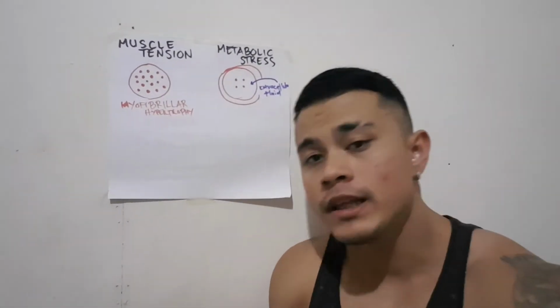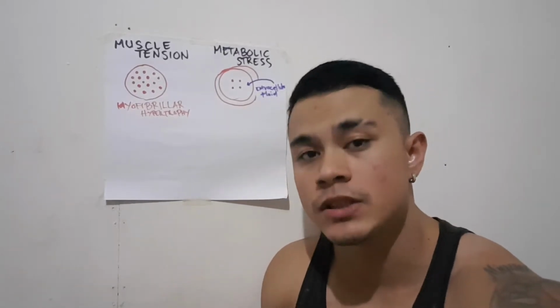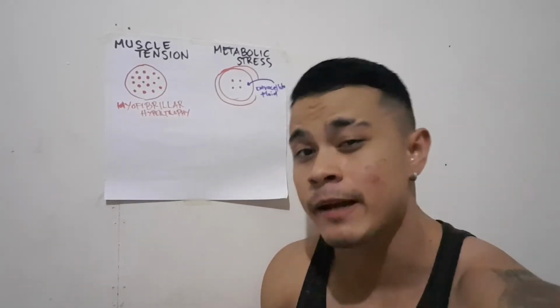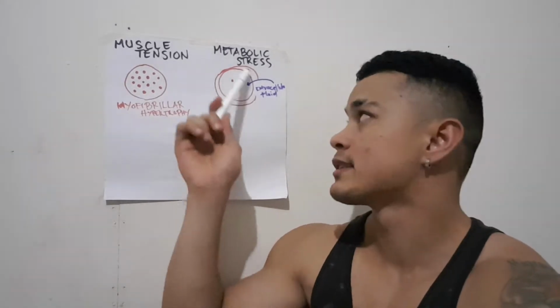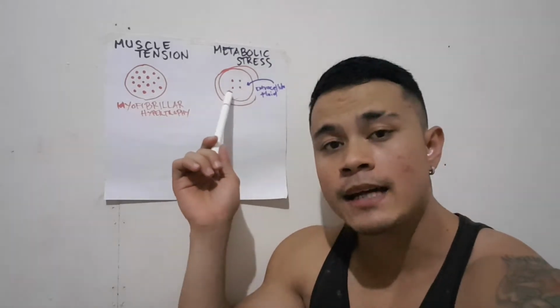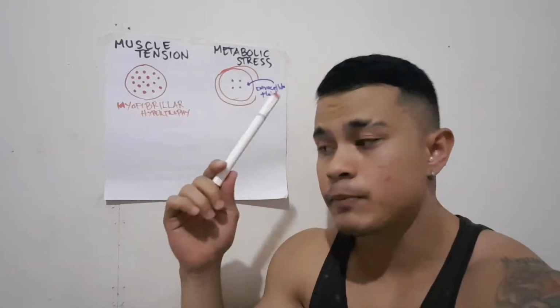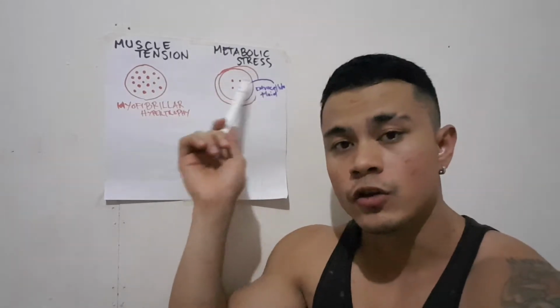Now, why does it cause hypertrophy, or why does the muscle get bigger that way if it's just temporary? Now, remember when I said it gets stretched to its limits, diba? The body perceives that as a threat because the body does not want the integrity of the muscle to be damaged.